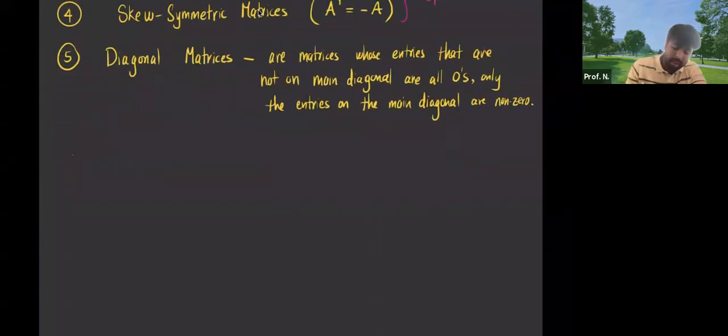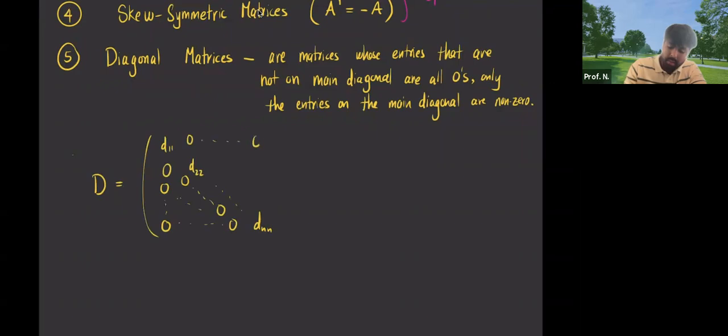What that would look like is, I'll write D for diagonal, D11, D22, all the way to Dnn, and all of these other entries are zeros.